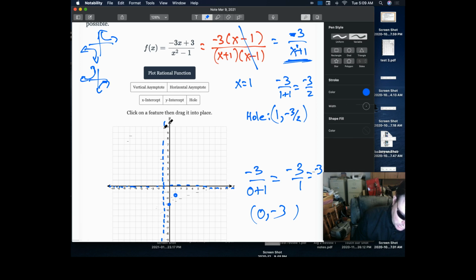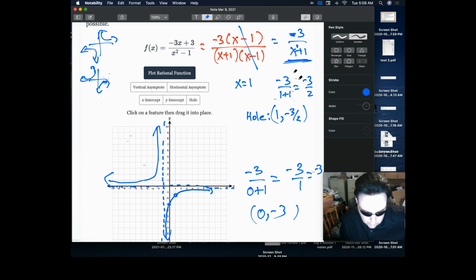Look. We know that right here it's going, it doesn't touch at the hole, but the function should be behaving like that. That aligns with what I'm saying over here. So the other one has to be like this. Again, I can use very simple logic here and say values to the left of negative 1, this is going to become negative, but if the numerator is negative, negative divided by negative is positive.